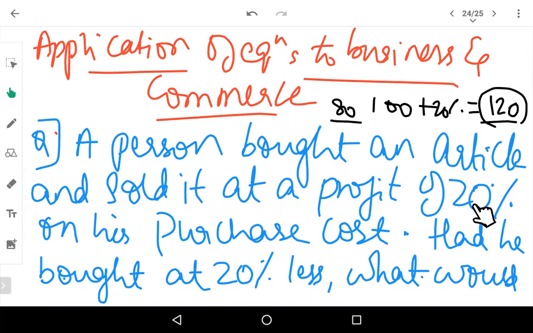Let us say he has paid 100 rupees for the flower vase. Now he is selling that product to somebody else at 20% profit. So if the flower vase was bought at 100 rupees, 20% profit means he is selling it at 120.